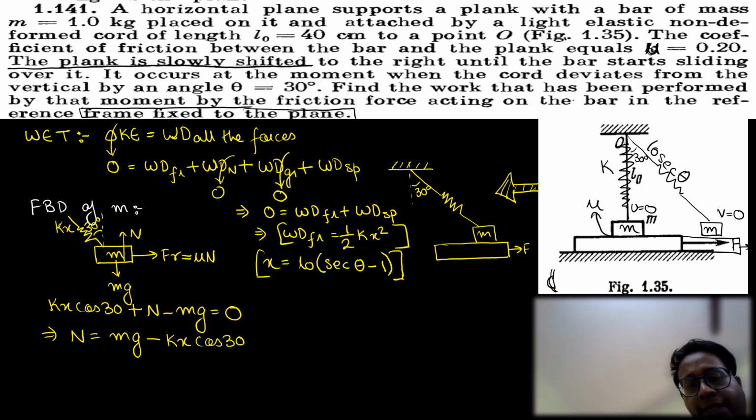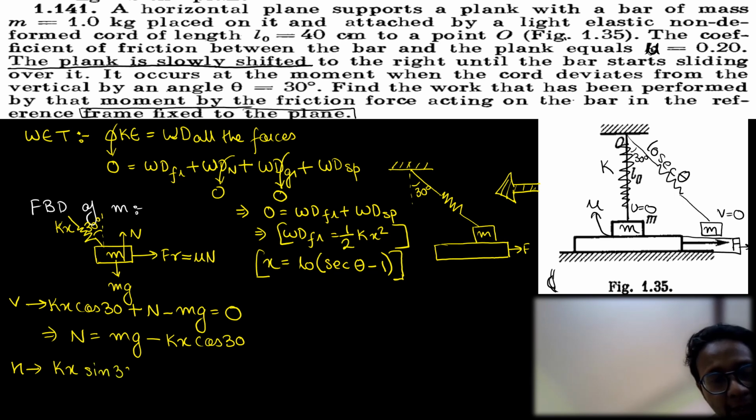Similarly, if I do the horizontal component of force equation, I'll get kx sin 30 minus friction force is equal to mass into horizontal acceleration, and the horizontal acceleration is equal to 0 out here.